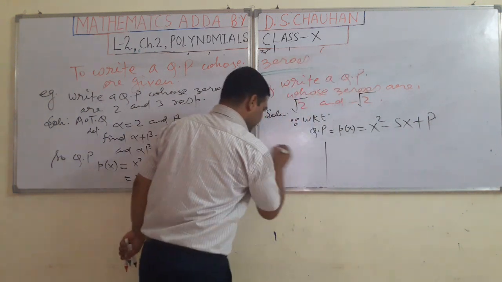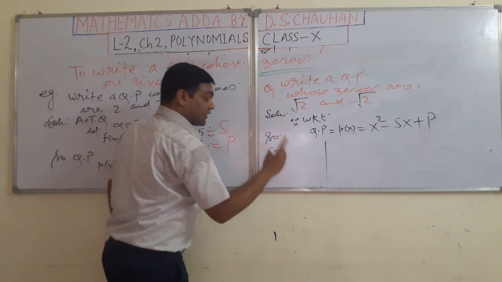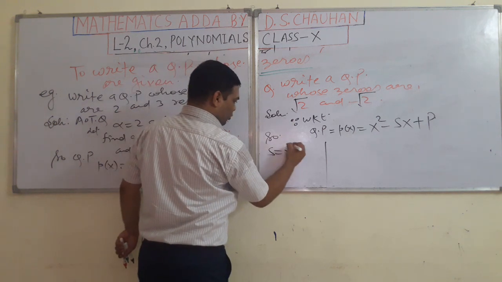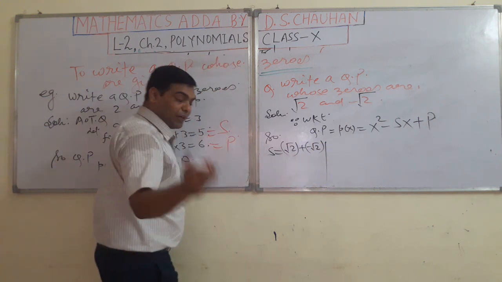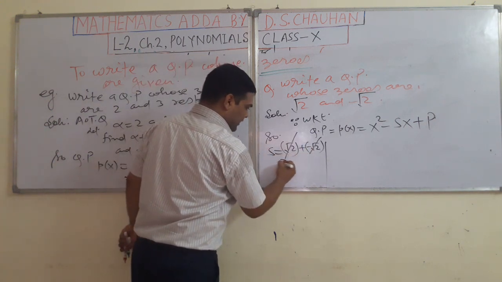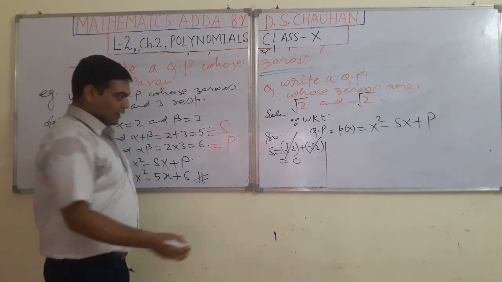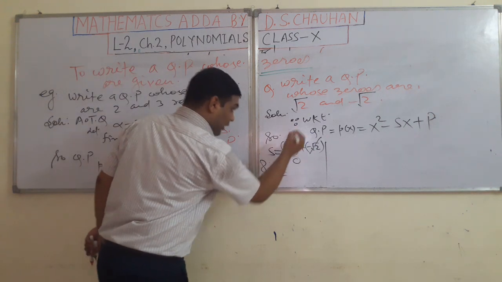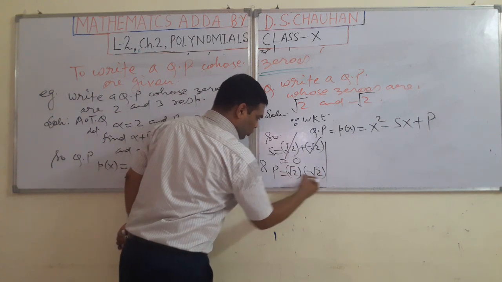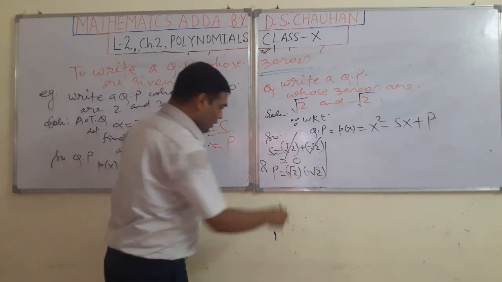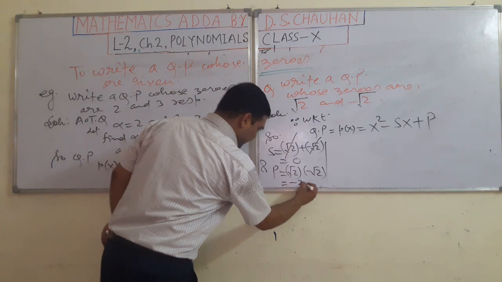So find first the sum of the zeros. That means under root 2 plus, inside the bracket, minus under root 2. What will you get? Root 2 will get cancelled. You will get 0. And the product, what will you get here? Root 2 into minus root 2. Root 2 into root 2 is 2, and this is with a negative sign, so it is minus 2.